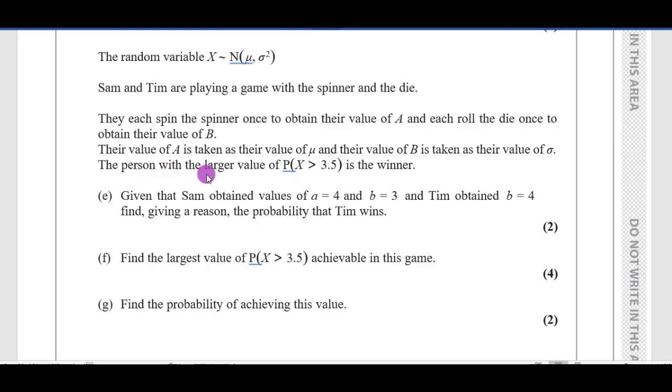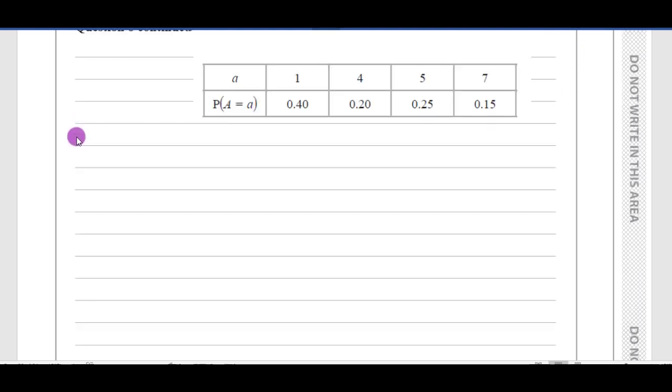The person with the largest value of probability X bigger than 3.5 is the winner. Given Sam obtained A equal to 4 and B equal to 3, and Tim obtained B equal to 4, find, giving a reason, the probability that Tim wins. Let us start. Now this is part E.